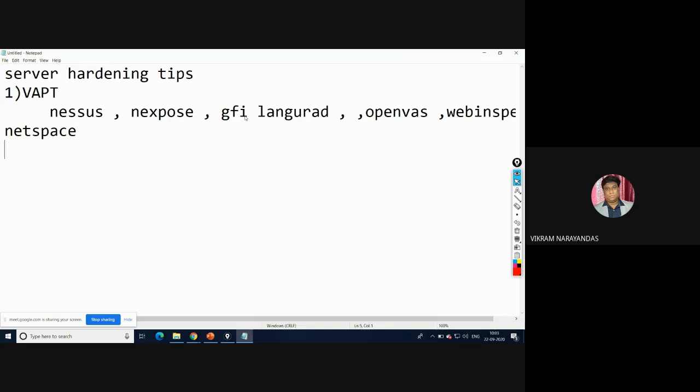The next most important thing is to install a firewall. These are concepts you will learn in the third unit, firewall. What is the use of a firewall? You can install any web application firewall or any normal firewall. A firewall acts as a gatekeeper.